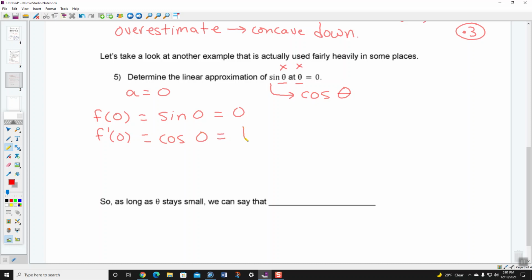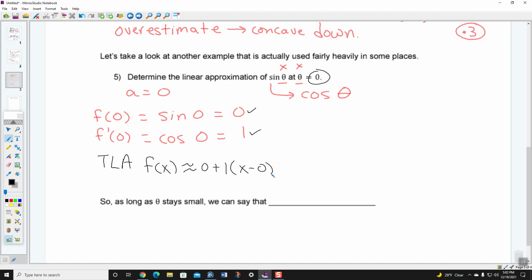So by your tangent line approximation, f of x is approximately, in this case, f of 0, or 0, plus f prime of 0, which is 1, times x minus, well, we're at 0.